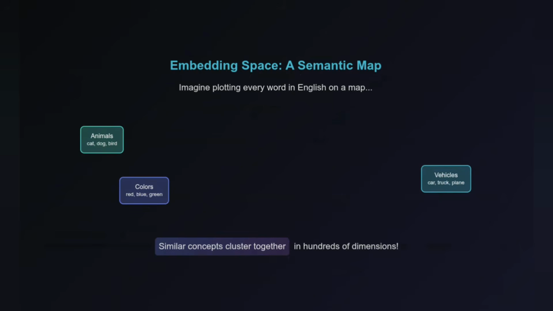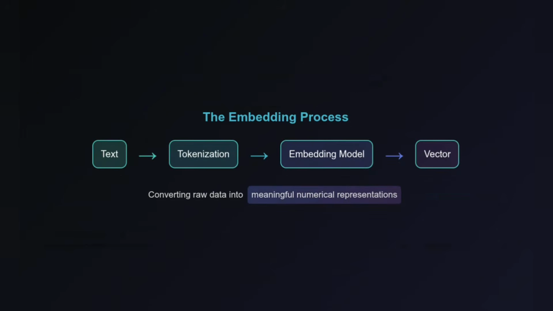Similar words would cluster together. All animal words in one area, all vehicle words in another. That's exactly what embeddings do, but in hundreds of dimensions instead of just 2. The embedding process converts raw data into these meaningful numerical representations that capture semantic relationships and patterns.